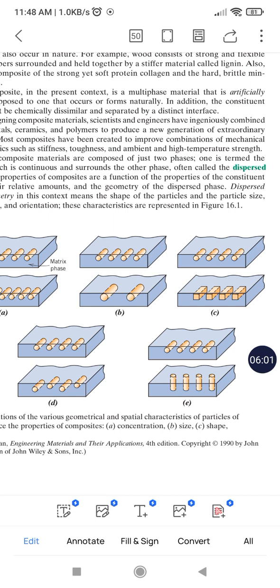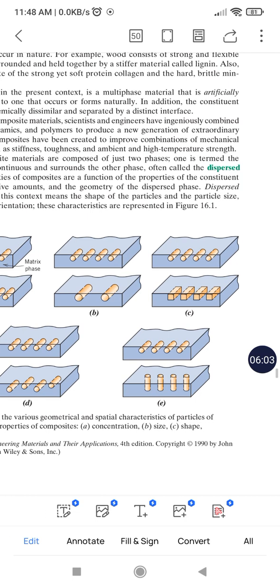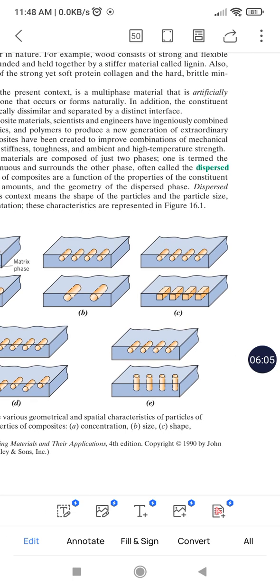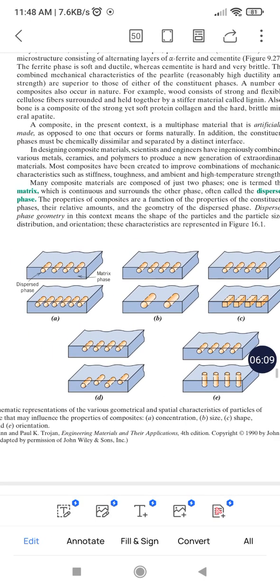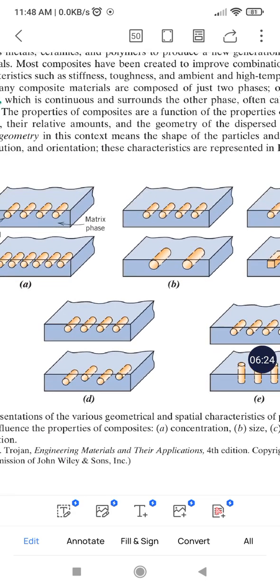The upper picture has a lower size. Next, C represents the shape of the dispersed phase inside the matrix. So this is a composite material having differences in concentration of the dispersed phase, its size, its shape, and also orientation.